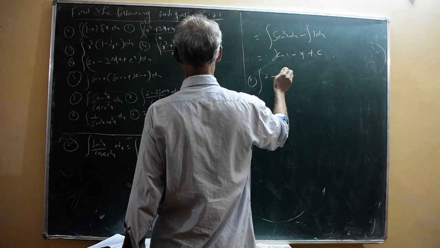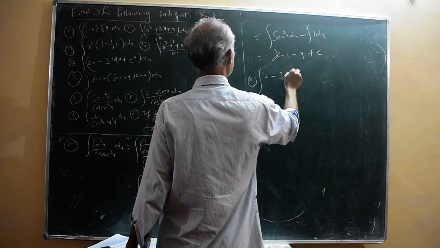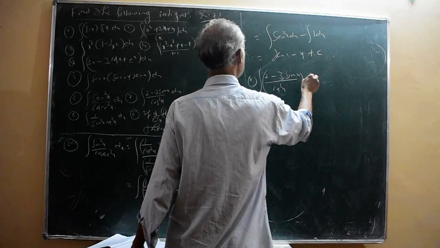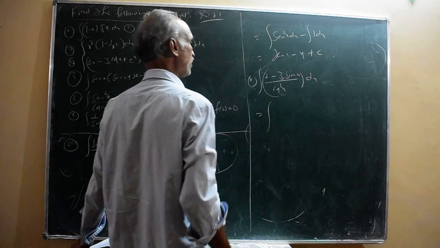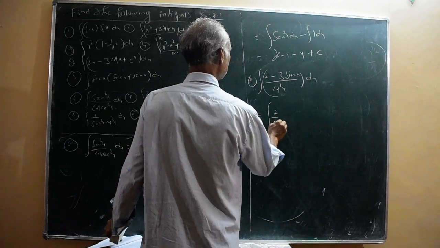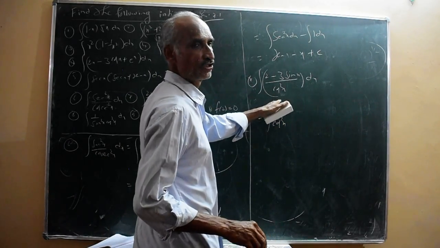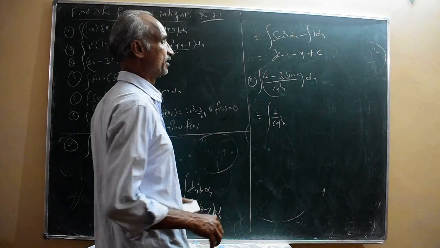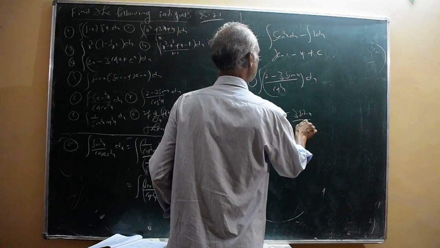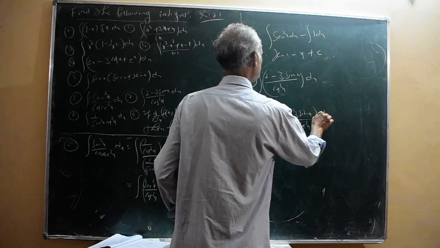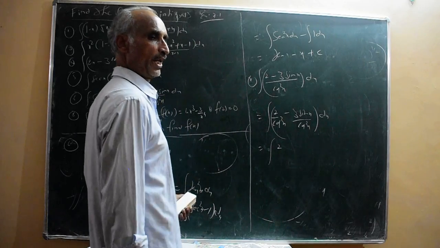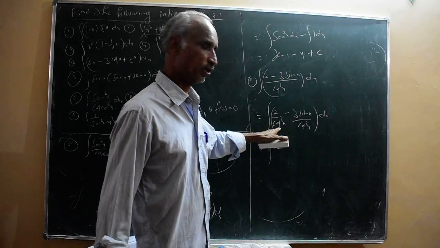Integration of 2 minus 3 sin x upon cos square x dx. That equals integration of 2 upon cos square x minus 3 sin x upon cos square x dx, using a minus b upon c equals a by c minus b by c. Now 2 into 1 by cos square x.